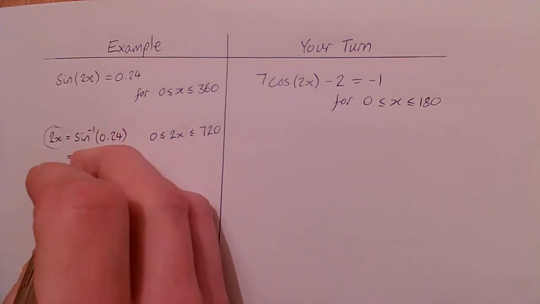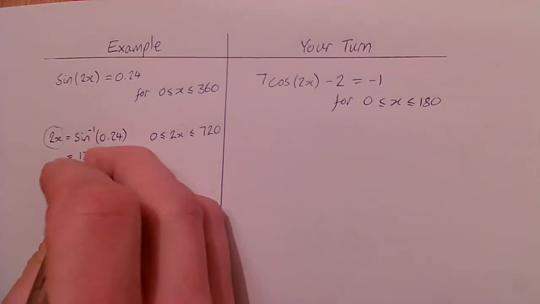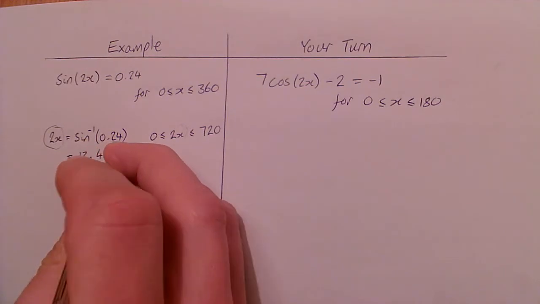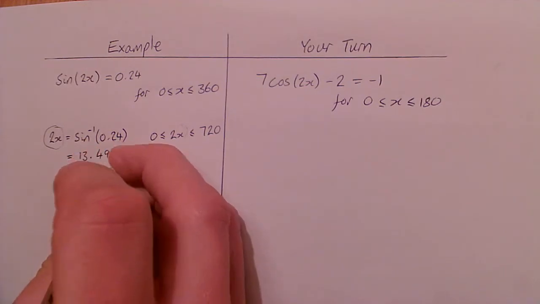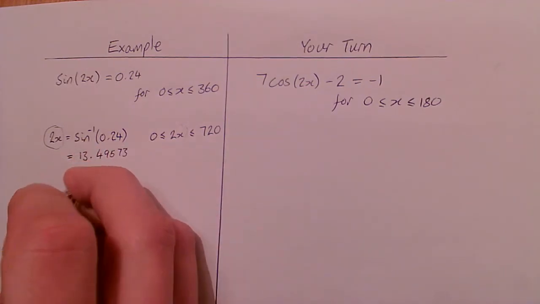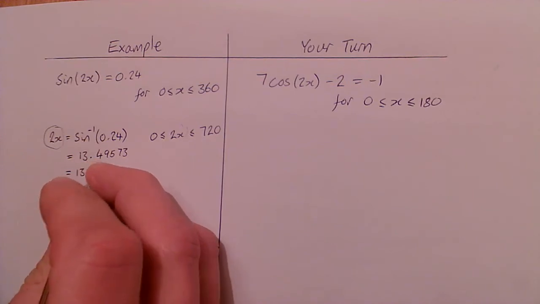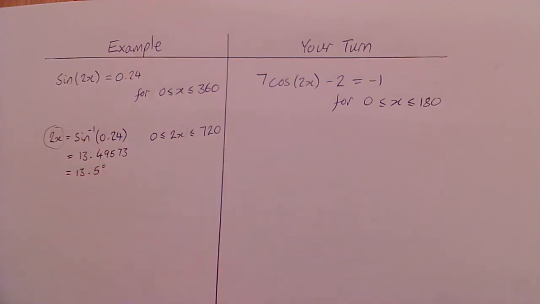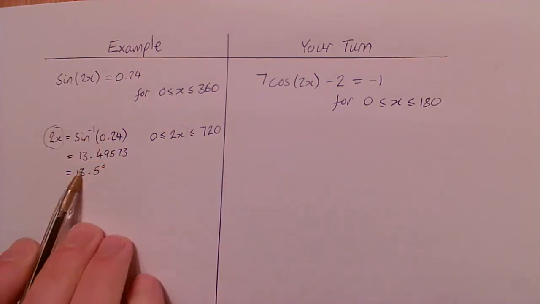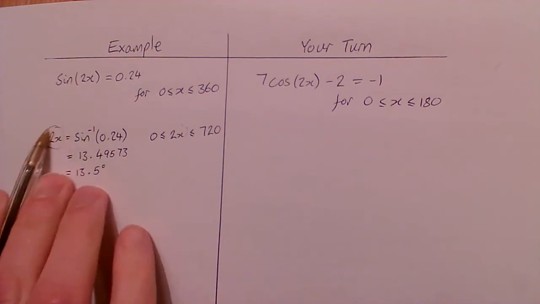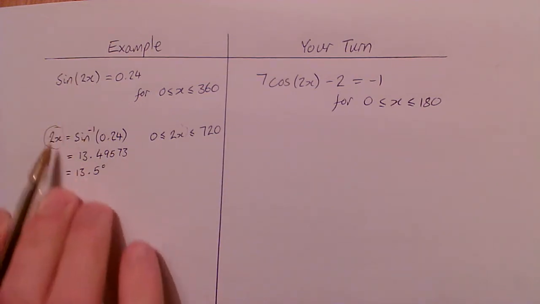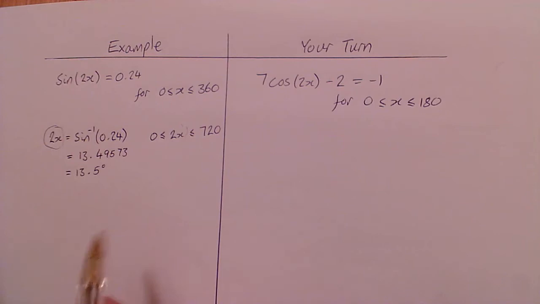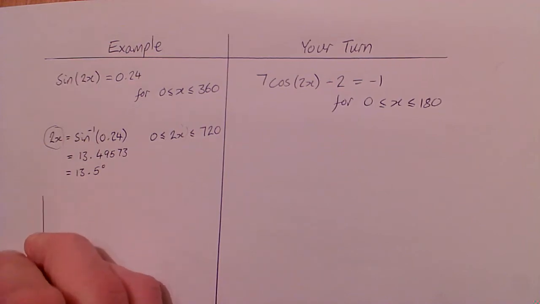We'll pop that in a calculator. We get 13.49573. We'll round that to 13.5 degrees. So that is one of my angles. Remembering my angle is 2x. We'll figure out what x is in a minute, but we're going to find our other angles first, and that's really important.